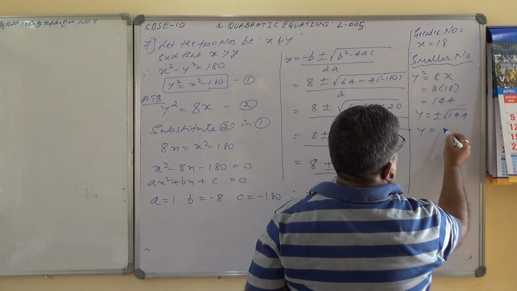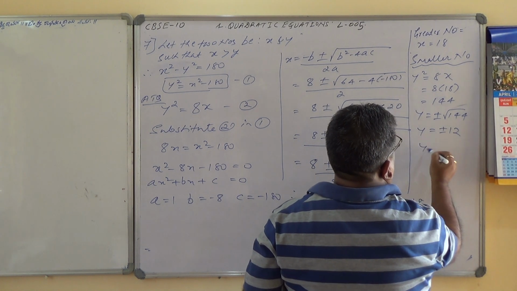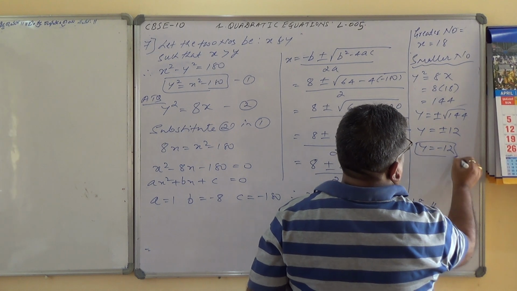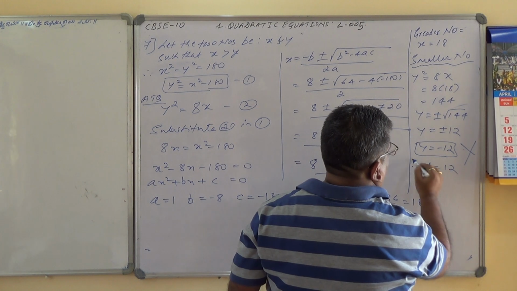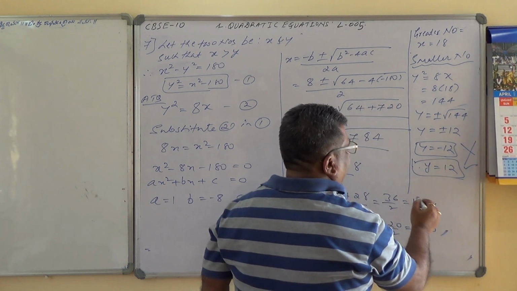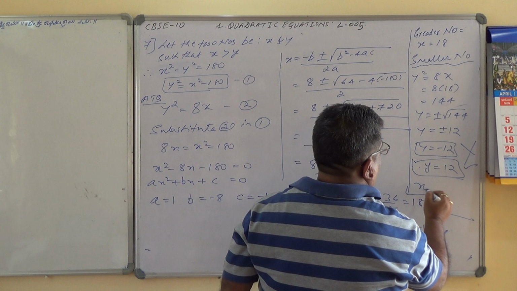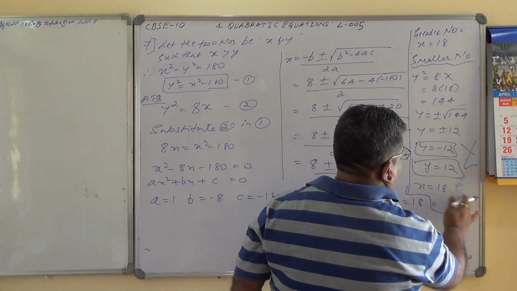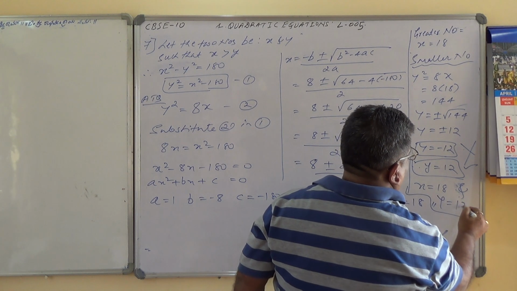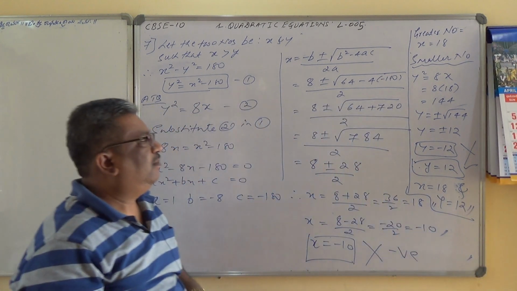Y equals plus or minus 12. Y equals minus 12 is discarded. Therefore, y equal to 12 is accepted. Therefore, finally the numbers are x equal to 18 and y equals 12. That is the answer. Please note it down.